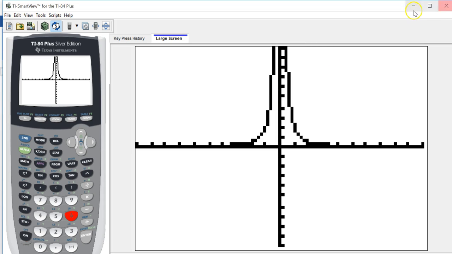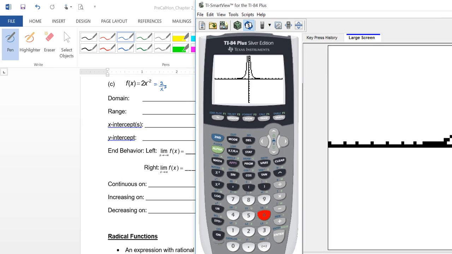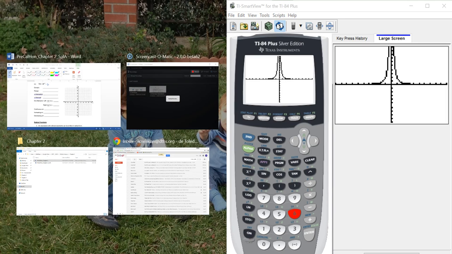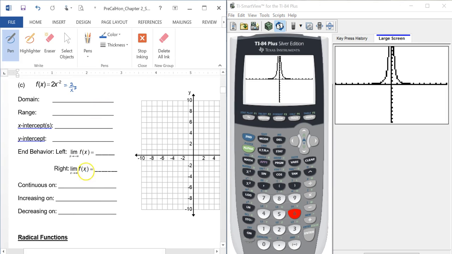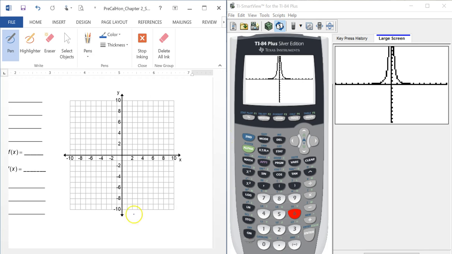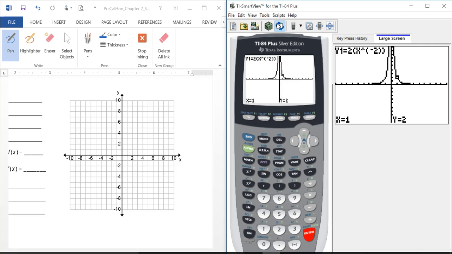So it's important for us to think in those terms. When we start to graph this, in trace mode I just want us to pick some points. So when x equals 1, y is 2.